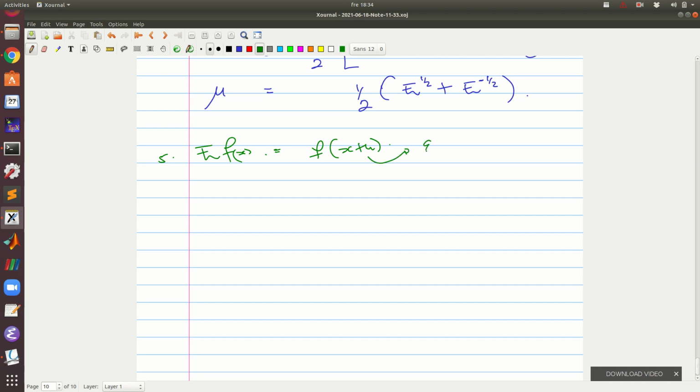Then we can expand this using a Taylor series expansion.